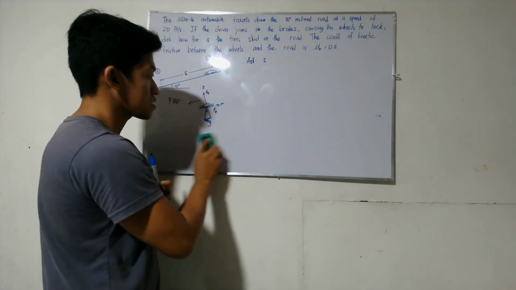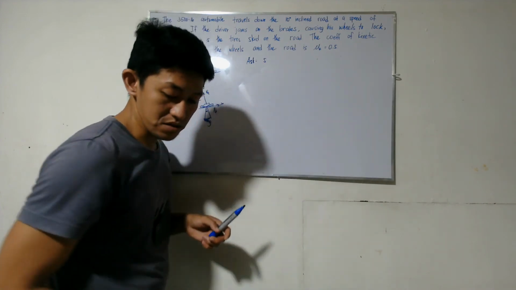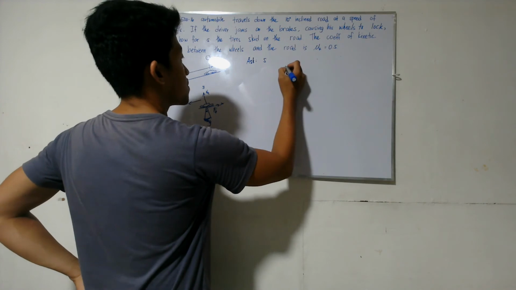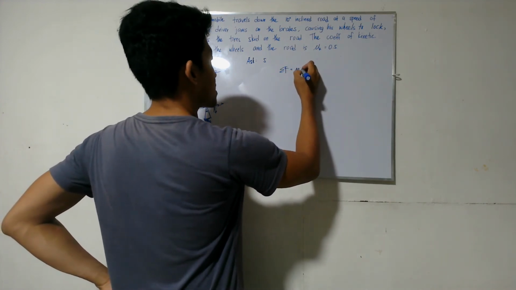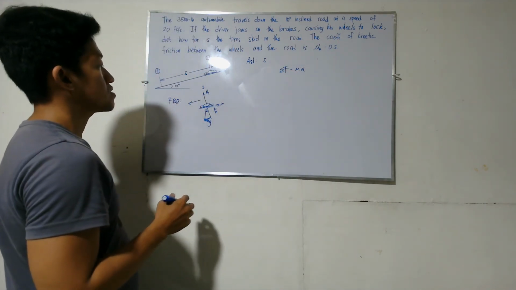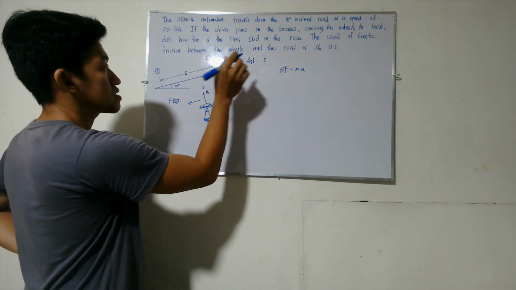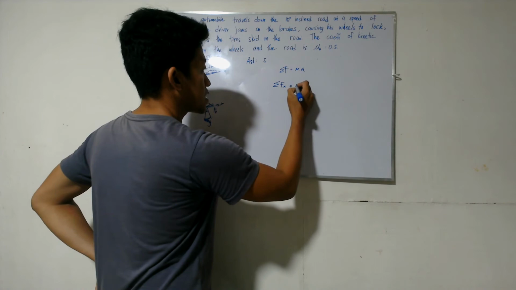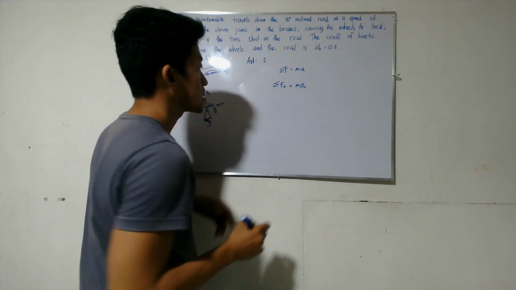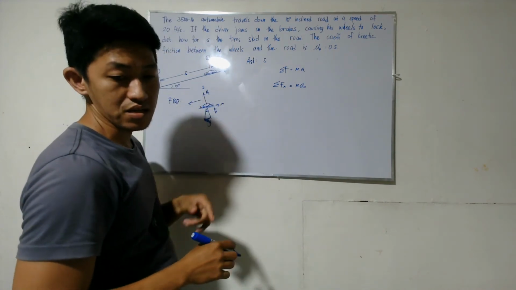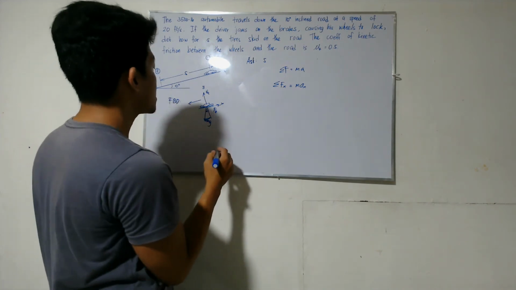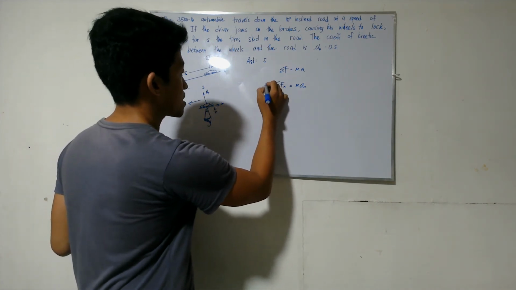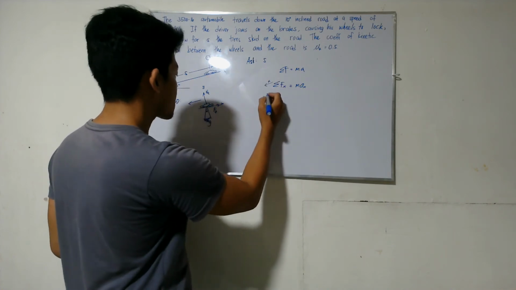Our previous topic is the equation of motion, summation of force equal to ma. Okay, so if we let this direction be x, then summation of forces along x is max. Take note that positive is down the incline.